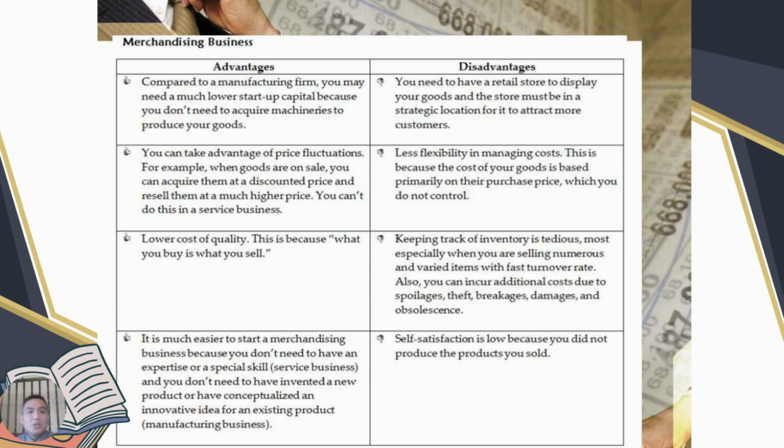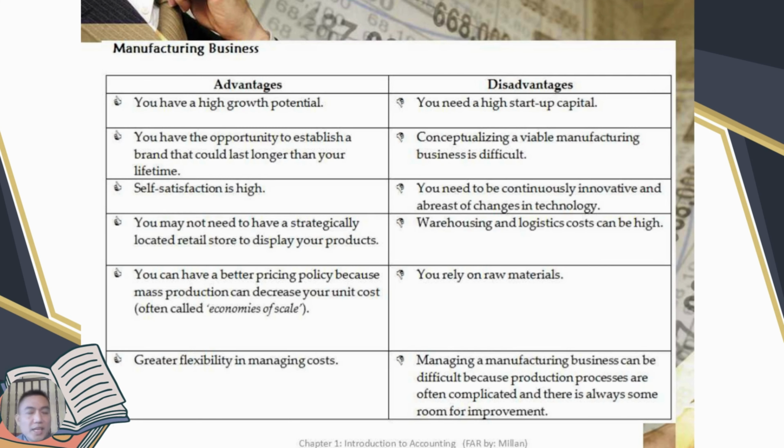Also, you can incur additional costs due to spoilage, theft, breakage, damages, and obsolescence. Self-satisfaction is low because you did not produce the products you sold po. So, for the merchandising concern, ikaw pa ay bumibili ng product then ibinibenta mo. For the manufacturing business, ikaw pang gumagawa ng product na ibinibenta mo.